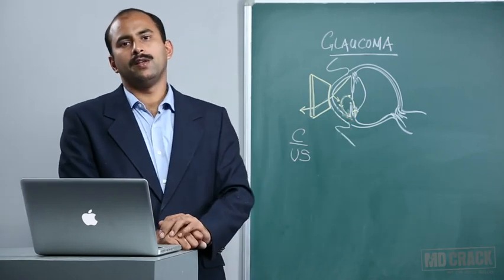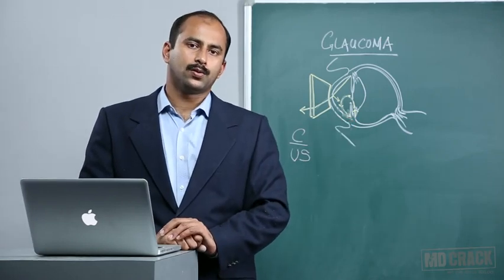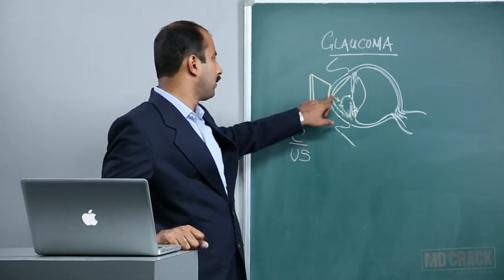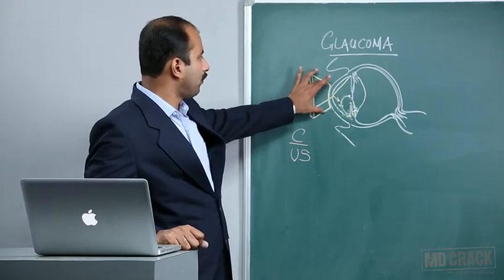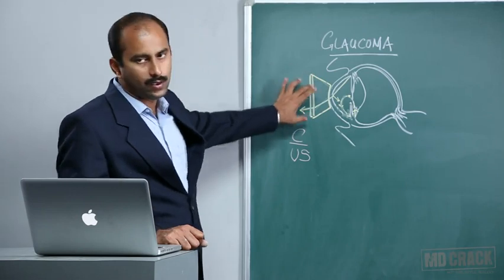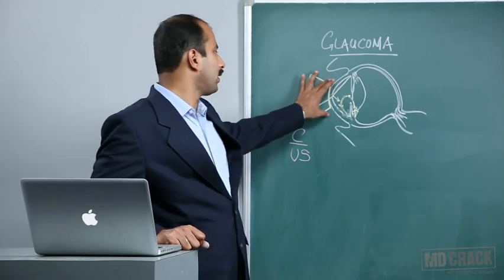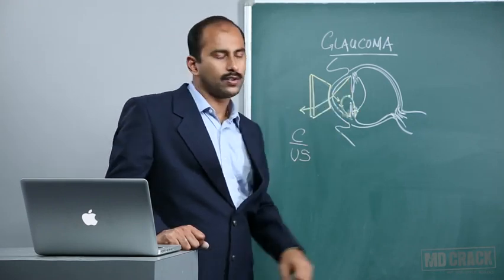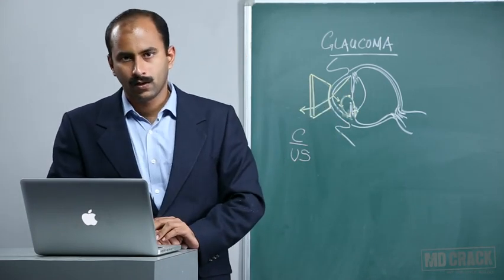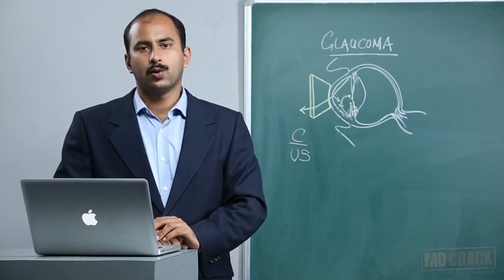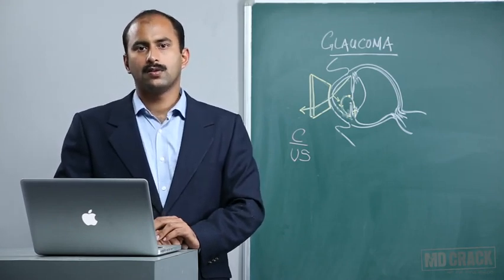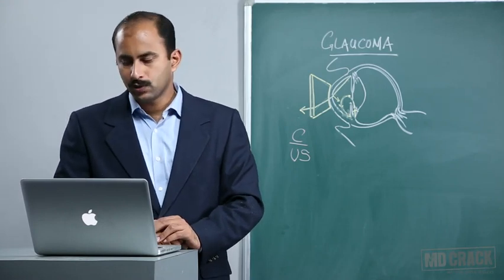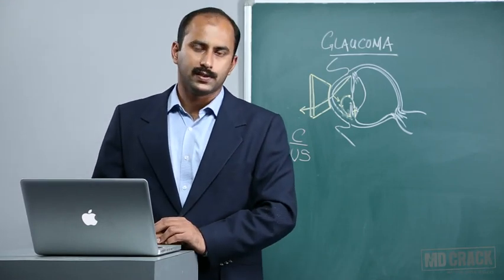That cannot be normally visualized by the naked eye due to total internal reflection taking place at the posterior surface of the cornea. So, a superimposition of a gonio lens or a lens medium on top of the cornea can refract the rays out of the eye, permitting the visualization of the anterior chamber angle. No diagnosis of glaucoma is complete without doing a gonioscopy or visualization of the anterior chamber angle, which is fundamental to the classification of the disease.